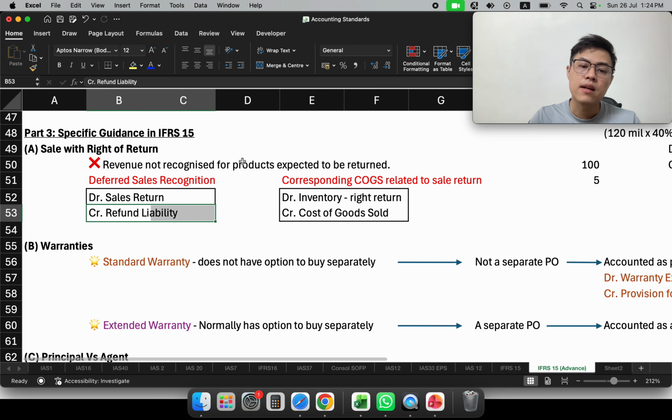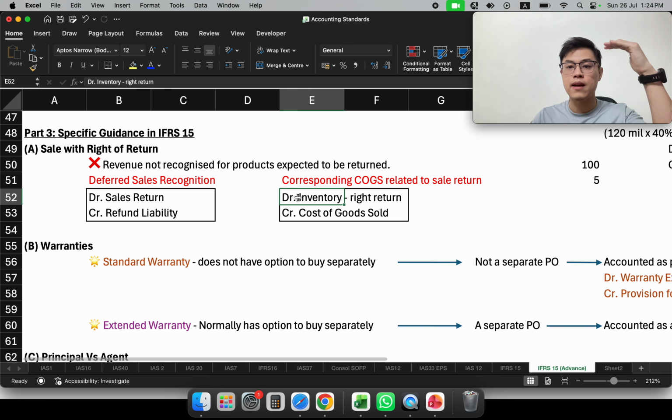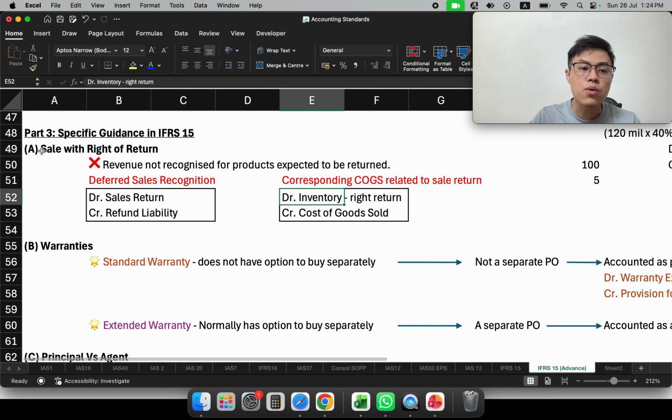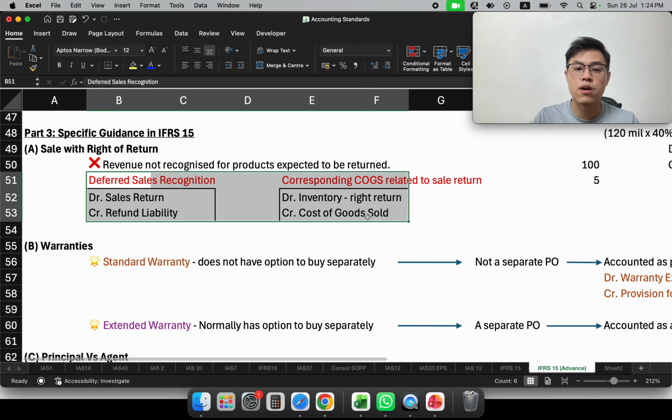In this case, I will need to debit my inventory back and credit my cost of sales to reduce my cost. Until this particular term expires, I will then restate the sales and reduce back my cost. So this is what we say we need to recognize the rights of return related to these sales.